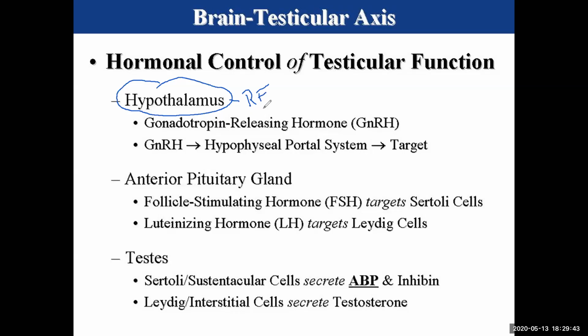And this regulatory factor specifically is the gonadotropin releasing hormone, GnRH, released into the hypophyseal portal system. And this GnRH targets the APG, the anterior pituitary gland. Okay, so that's the target.